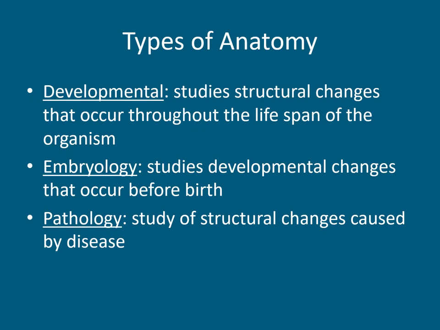If you understand what is normal, and that's what this whole course is about, is studying the way the normal structure, the normal physiology is, then you have to understand that to figure out what's wrong when you have a patient who's sick, where something is then abnormal. Something's functioning differently, or maybe the structure is different. Embryology looks at the developmental changes that occur prior to birth. Pathology is looking at the structural changes that are caused by disease.